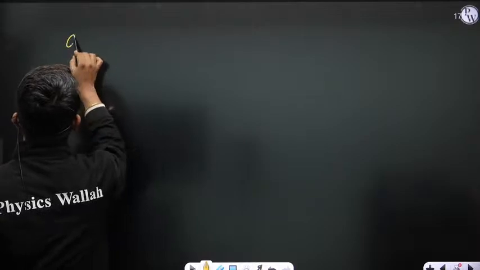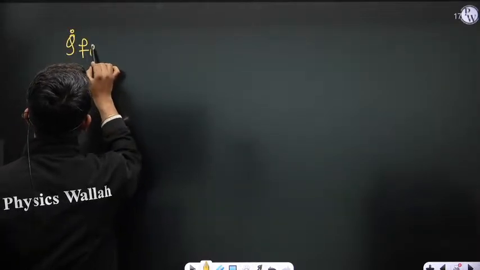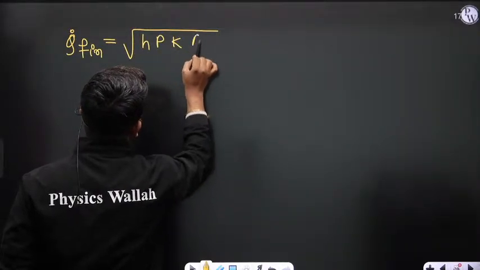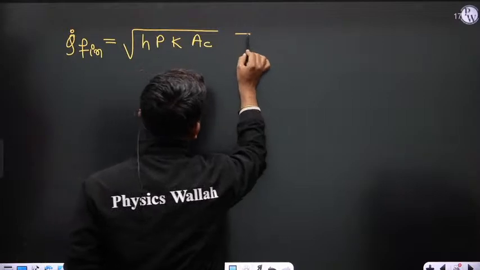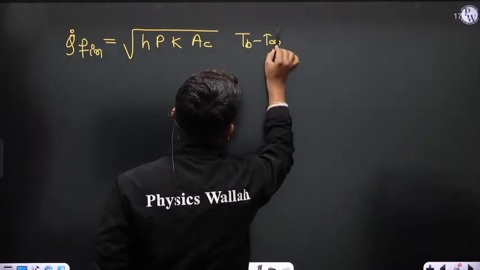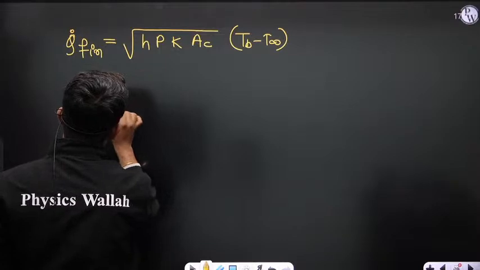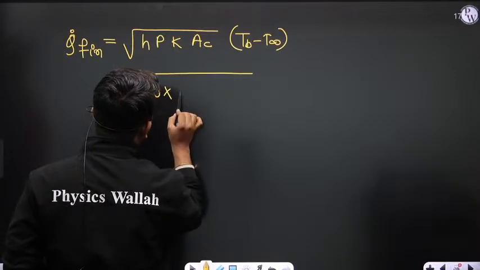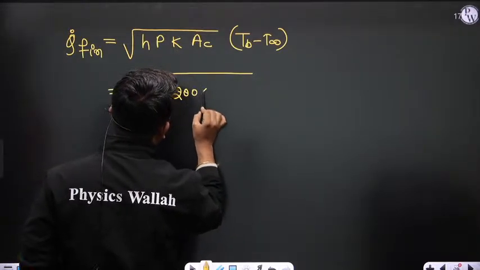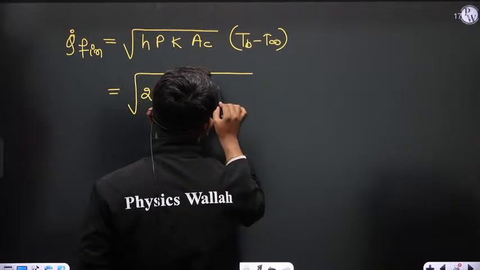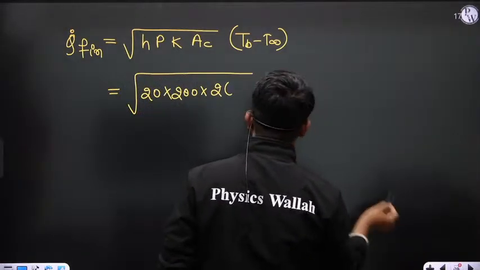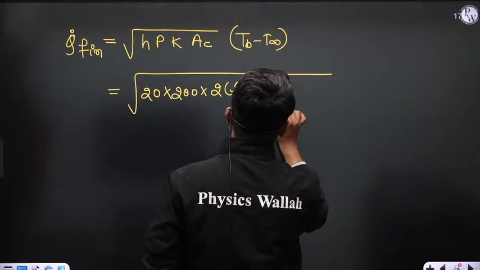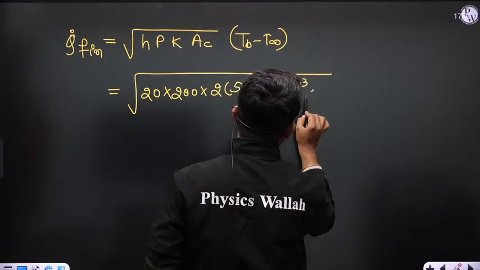Now calculate the rate of heat loss. What is the rate of heat loss from the fin, or rate of heat transfer through the fin? This is root over HPKAC into (TB minus T infinity). What is the value of H? That is 20. K is 200. P is 2 into (A plus B), so 50 plus 1 into 10 to the power minus 3.